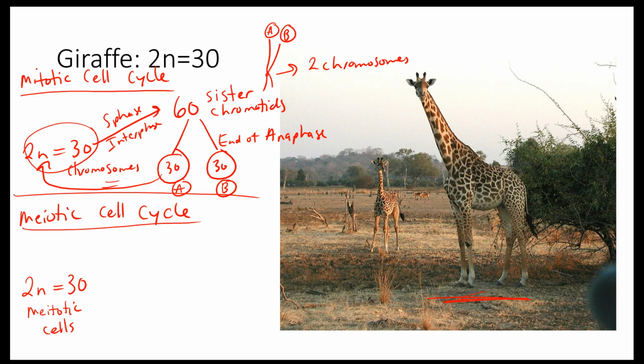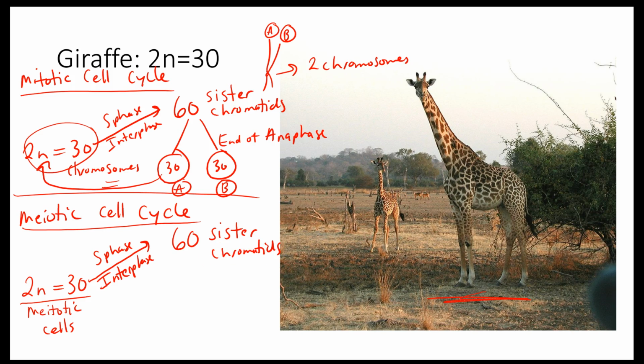That's something that a lot of students don't take into consideration. Those cells have a diploid 2n number. So just like in the mitotic cell cycle, in meiosis in S phase of interphase, you're going to duplicate your genetic material. So we go up to 60 sister chromatids.